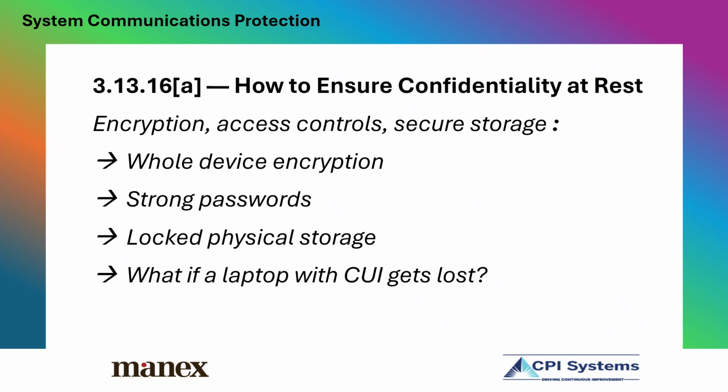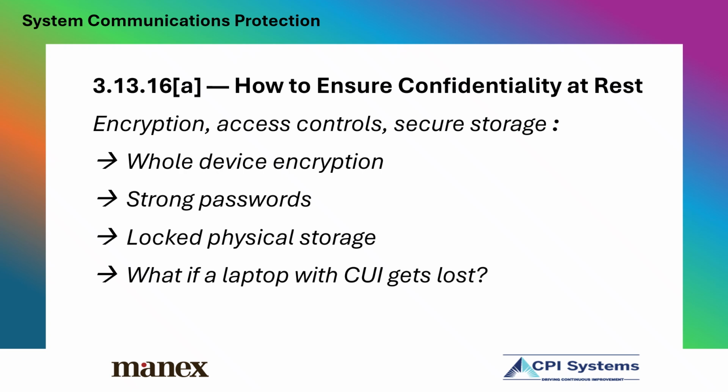Control 3.13.16a, the assessment objective, requires us to ensure and check if CUI is actually protected at rest. This is all about encryption, access controls, and secure storage. This includes whole device encryption, strong passwords, and locked physical storage.